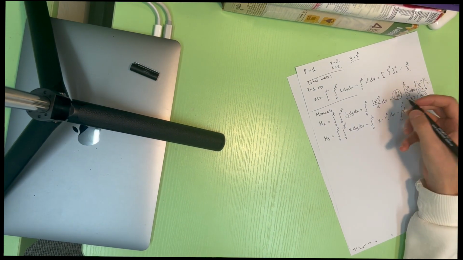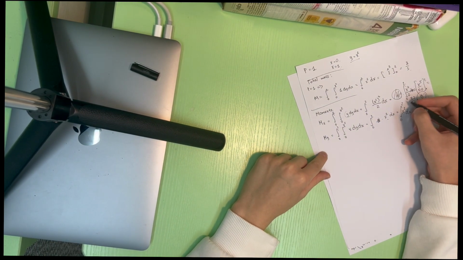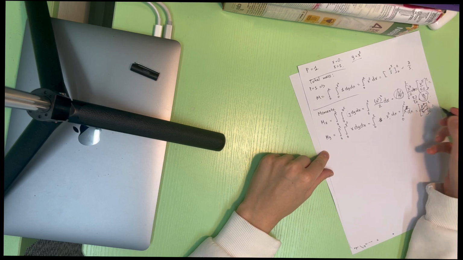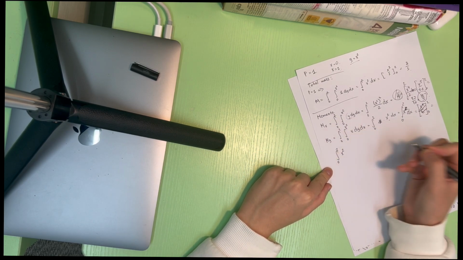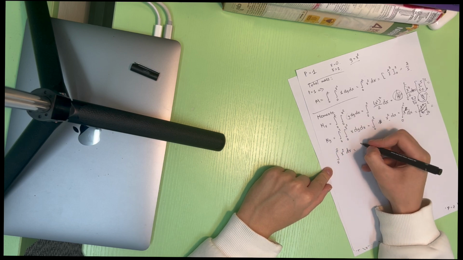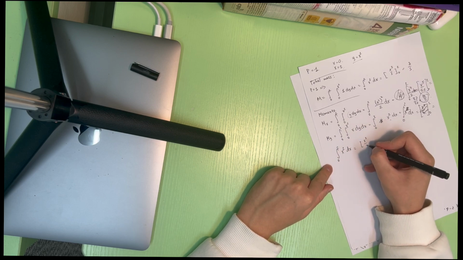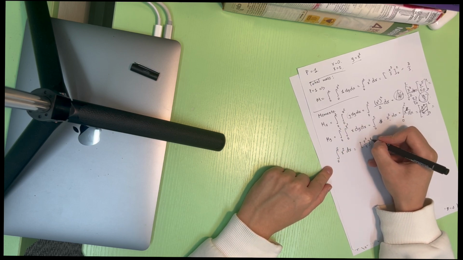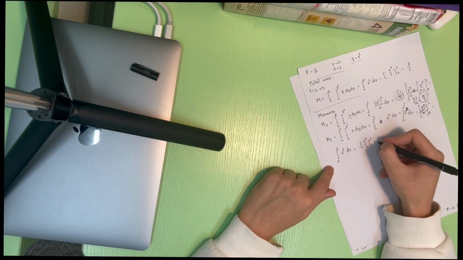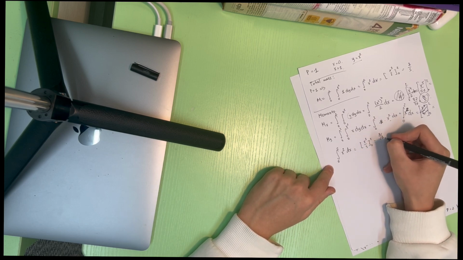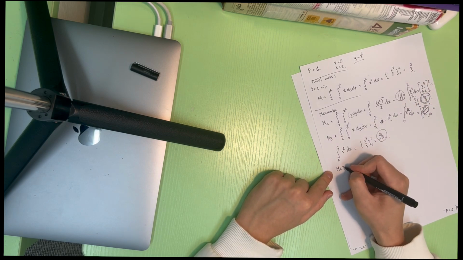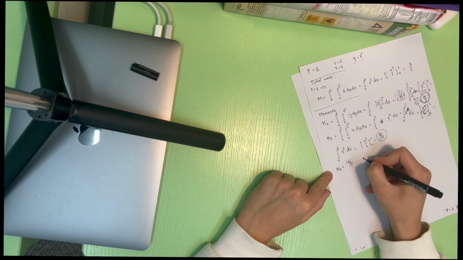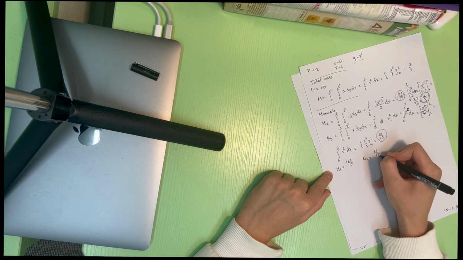I messed up with it. So this is just x times x squared. So it equals the integral from 0 to 2 of x squared dx. So it equals x cubed divided by 3 from 0 to 2, and it equals 8/3. So we found the moments: Mx equals 16/5 and My equals 8/3.